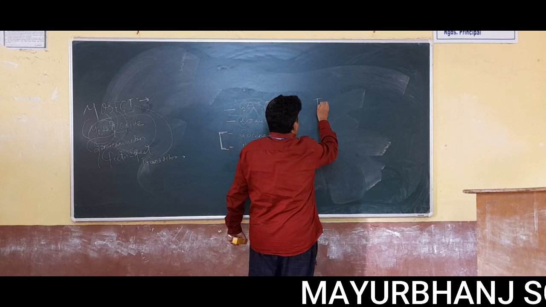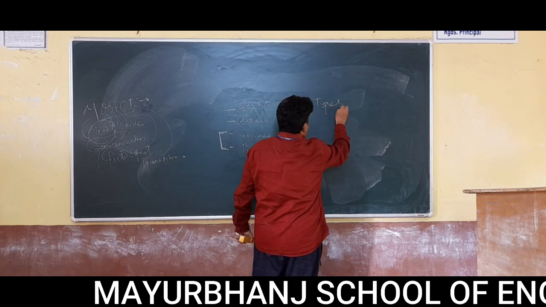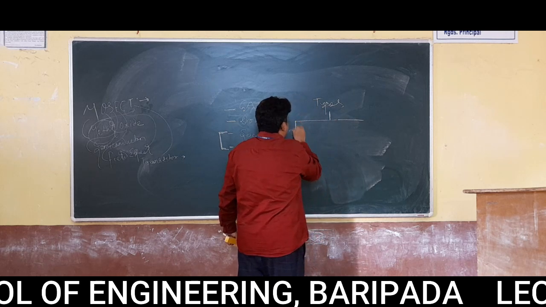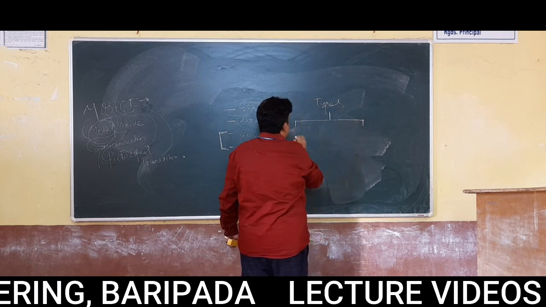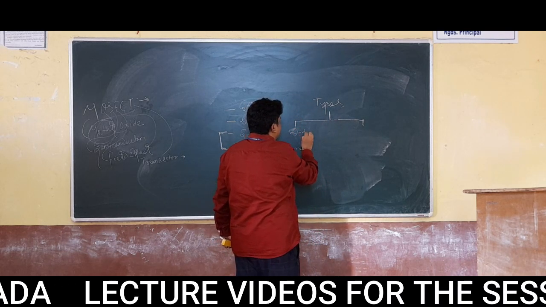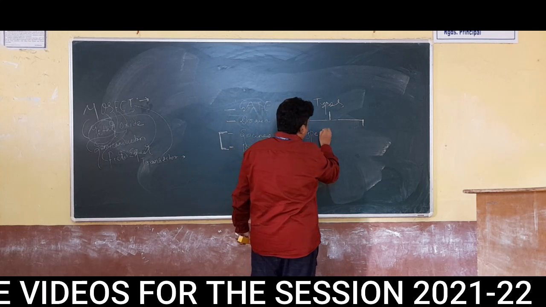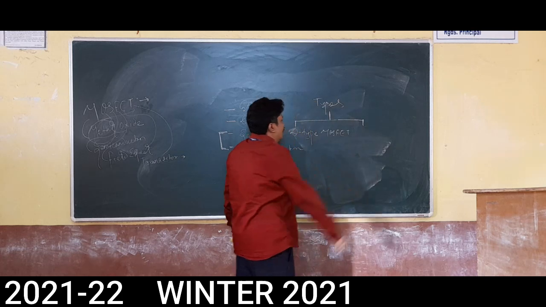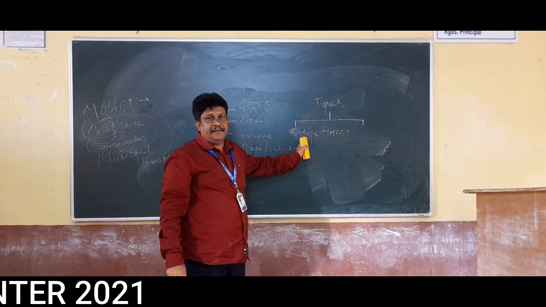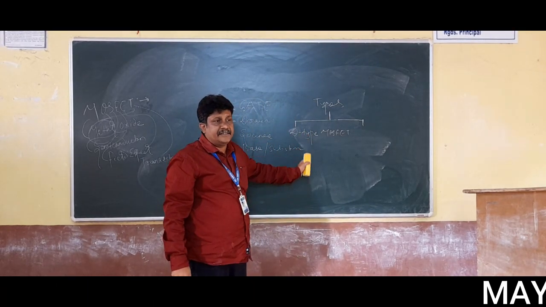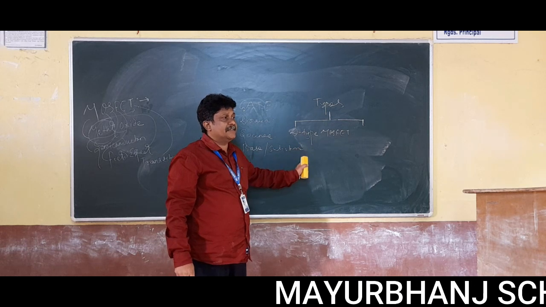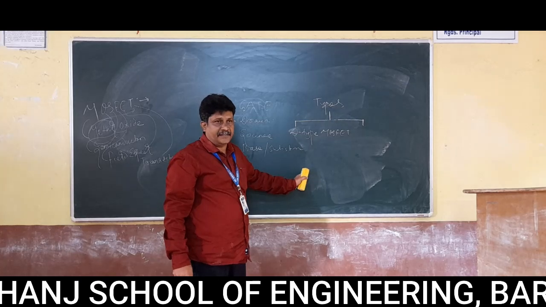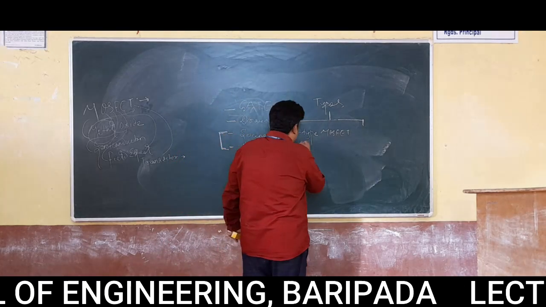MOSFET types or functionality. What are the MOSFET types? One is our D-type MOSFET. What is D-type? D-type is nothing but the depletion type MOSFET. D stands for depletion.